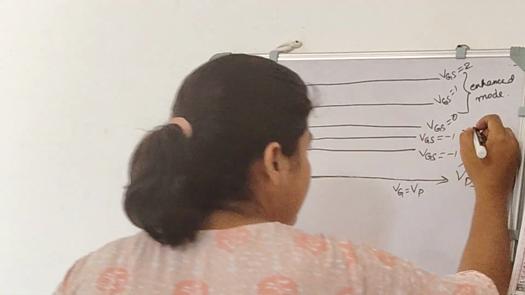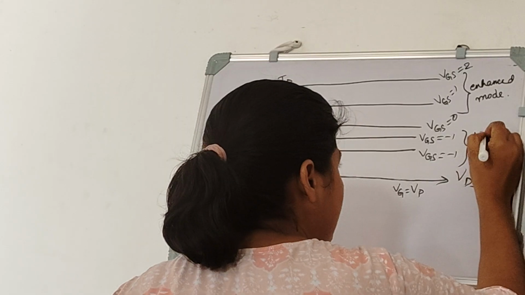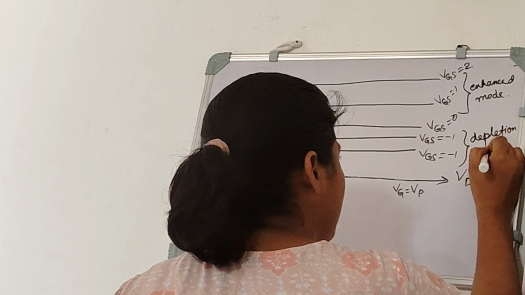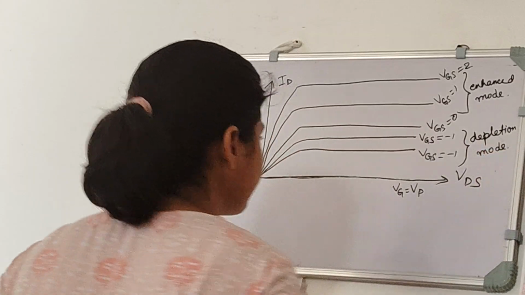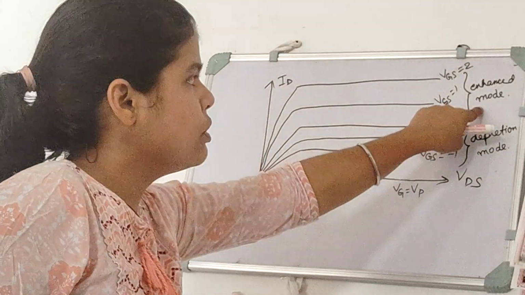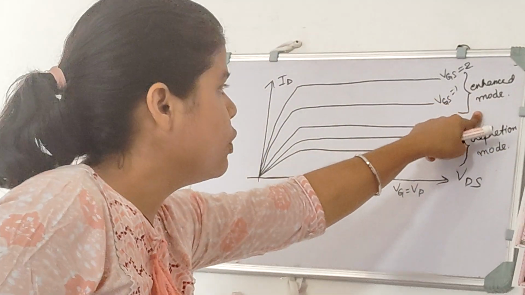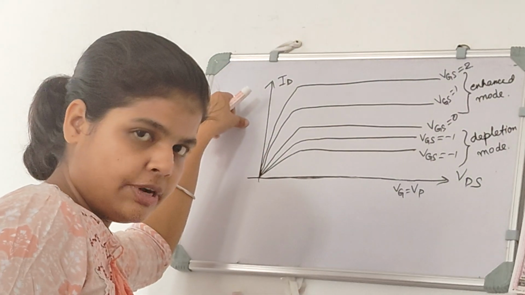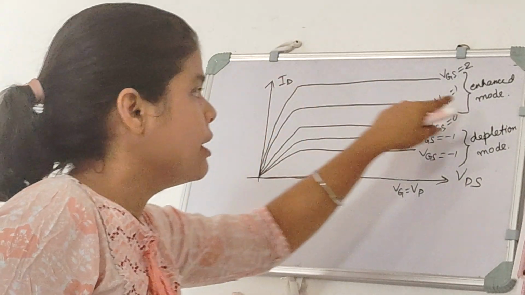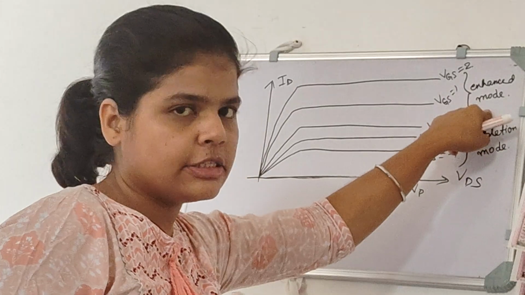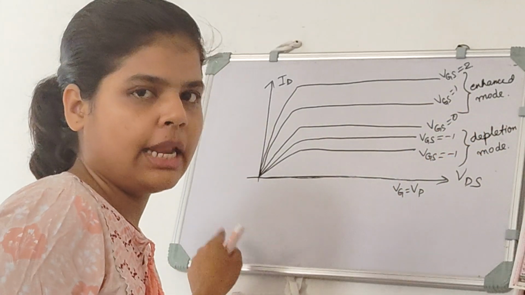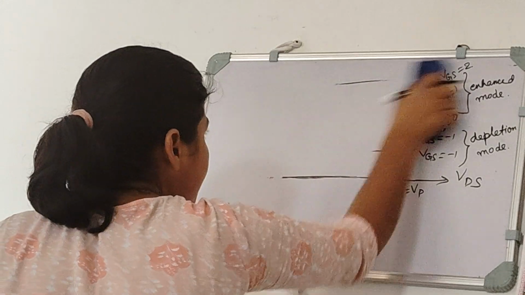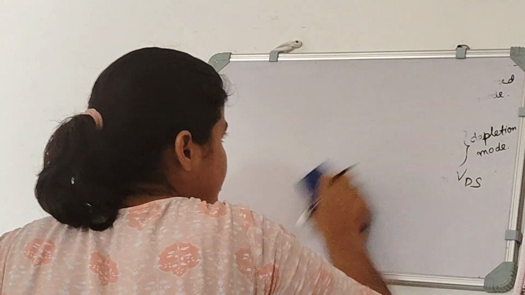So when VGS is negative, our MOSFET is in depletion mode. So this was that small thing which I wanted to discuss, that this is a depletion type MOSFET curve, even then it has enhanced mode in its output characteristic curve. Now let's move on to the p-channel depletion type MOSFET.